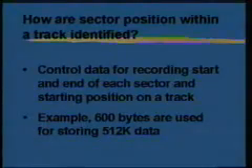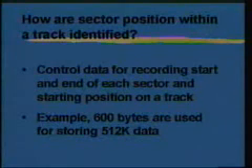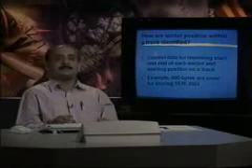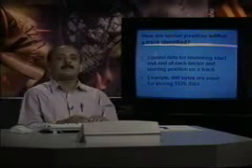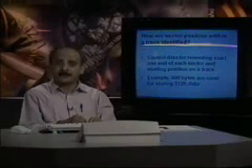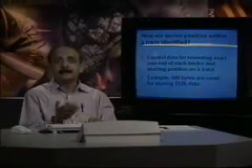This additional information is required mainly for three basic reasons. First, to identify a sector. Second, for the error correction and checking bits. And third, definitely to store the data.